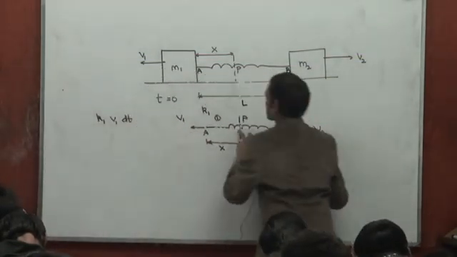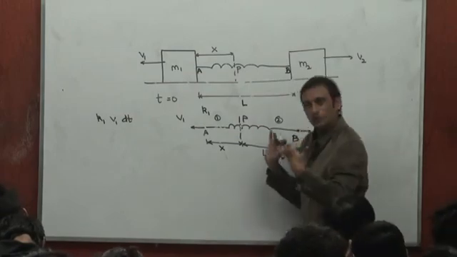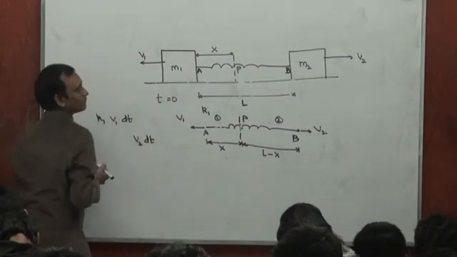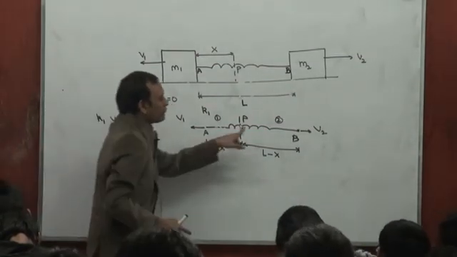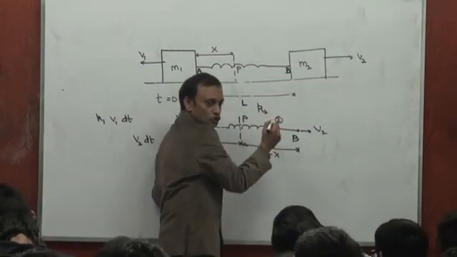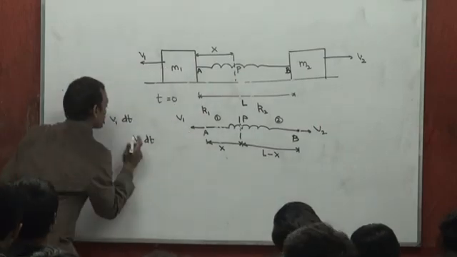And look at this spring. In the same time dt, how much will this elongate? v2 into dt. And for spring 2, if the force constant is K2, then the force in this spring is going to be its elongation into K2.